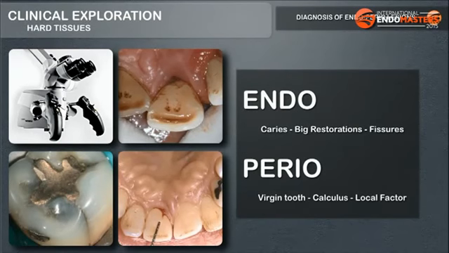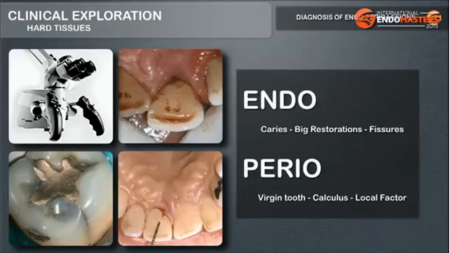Clinical exploration of hard tissues. In the clinical exploration, teeth need also to be carefully inspected for plaque and calculus, dental caries, cracks, or fractures, restorative problems such as leaking or overhanging restorations, and developmental defects such as grooves or areas of denuded dentin at the cemento-enamel junction.